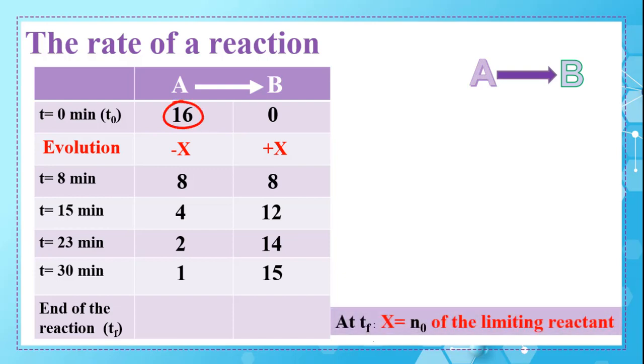At T final, the number of particles of A is 0, and that of B is 16, equal to the initial number of particles of A. Filling this table is a piece of cake, isn't it? But what if the reaction becomes more complicated?